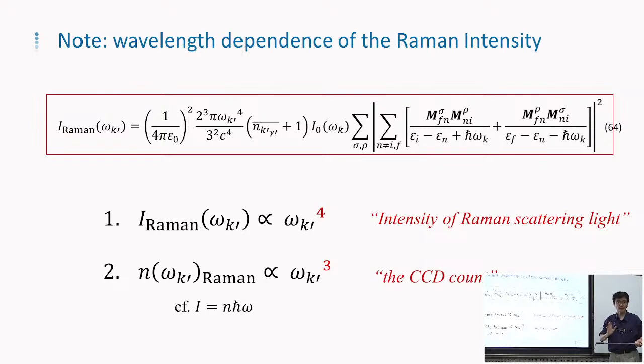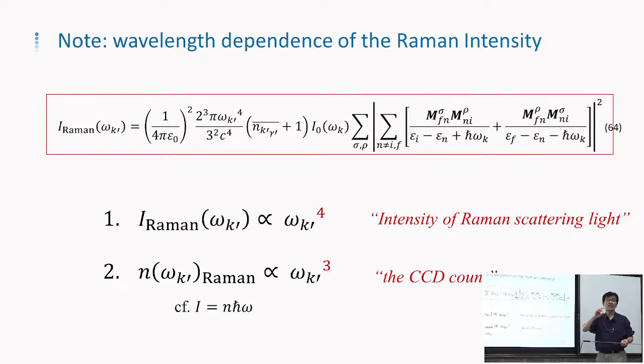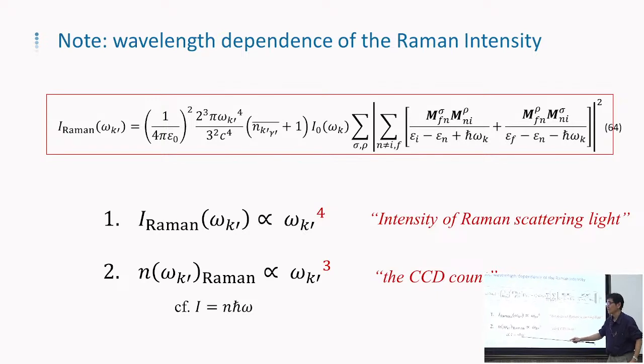Please remember, in many cases, we record Raman scattering using a CCD detector. That is an instrument to convert photon energy to electron energy. So, the CCD detector counts up the number of photons. In this case, we should consider the relationship between the light intensity and photon energy.